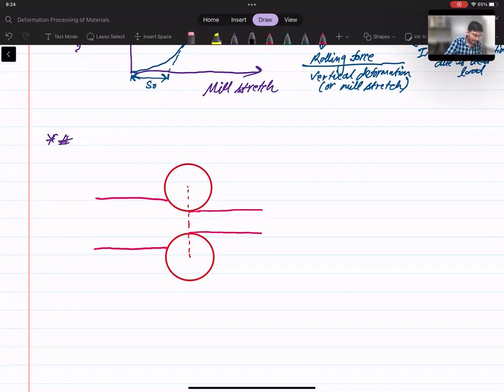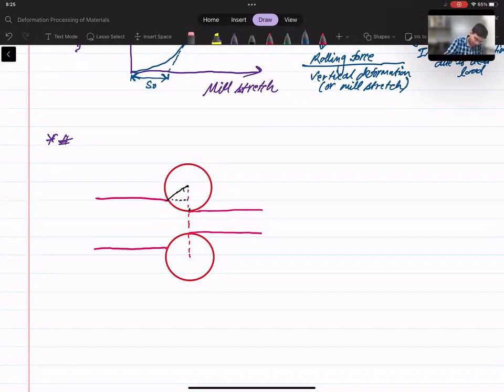Let us call these particular points. See here, this particular angle will be the bite angle. Okay.